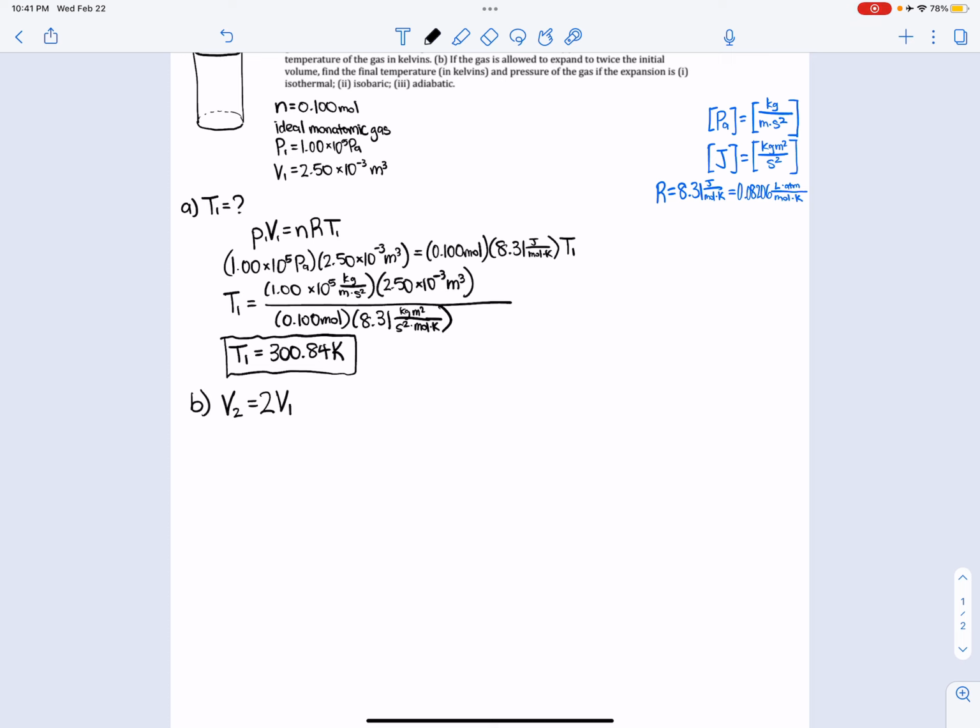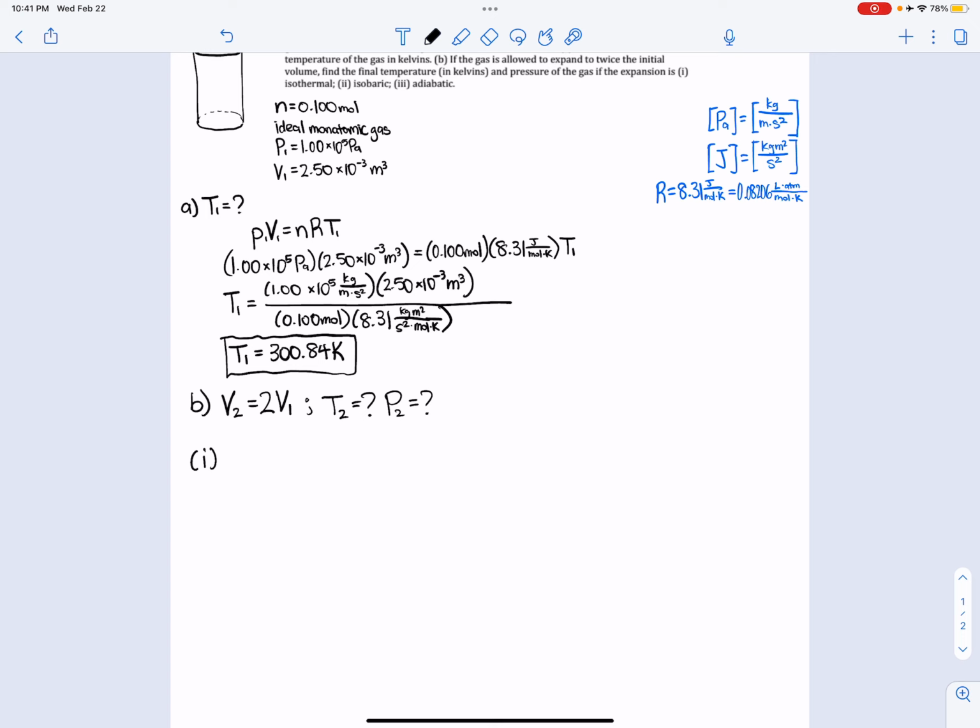First I have to find my final temperature, let's call that T2, and also my final pressure, P2. There are three scenarios: isothermal, isobaric, and adiabatic. So let's start with the isothermal scenario.